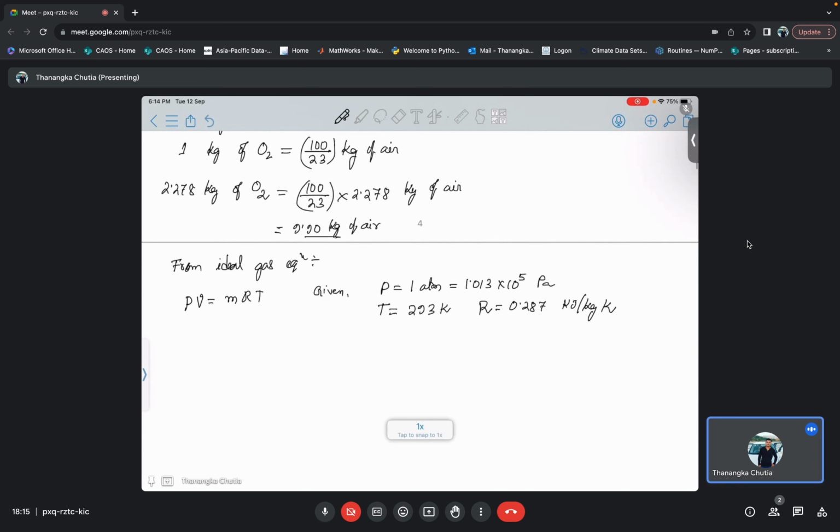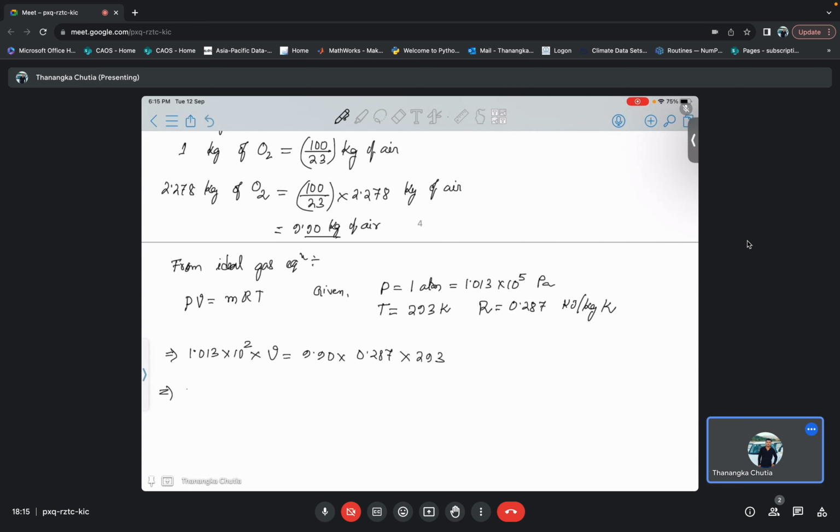So we put all this in. I will express P in kilopascal: 1.013 into 10 to the power 2. And what is the volume V that is required? We have the mass 9.90, R 0.287, and the temperature 293.